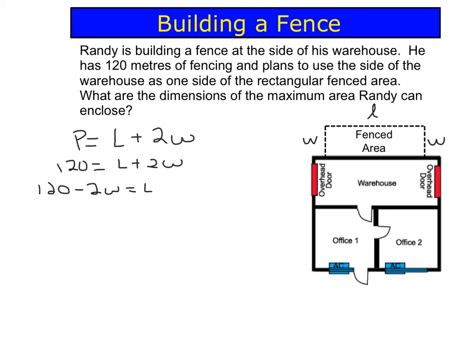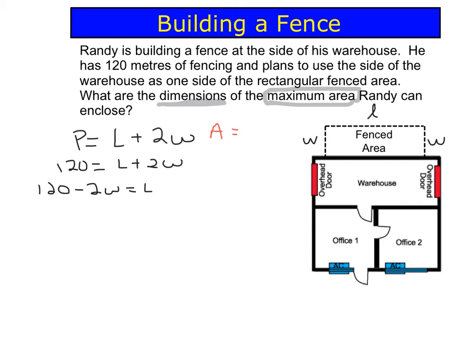So we just pop back to the question for a sec. The question asks, what are the dimensions of the maximum area? So then I want to go back and use the area formula.